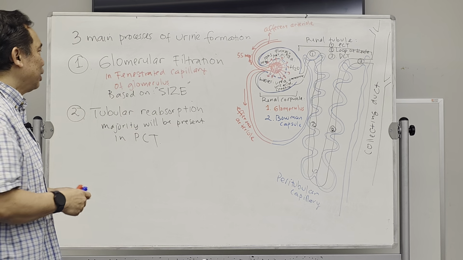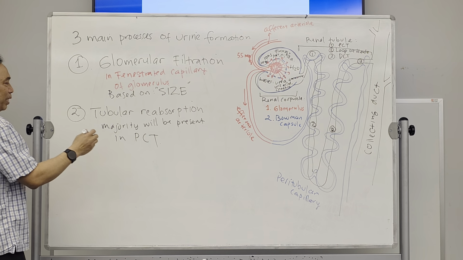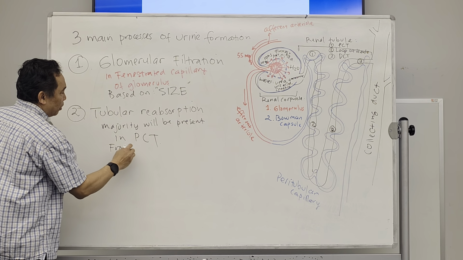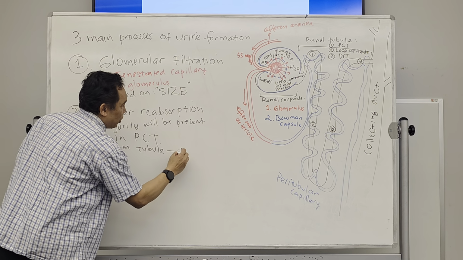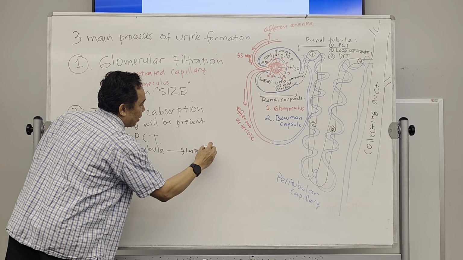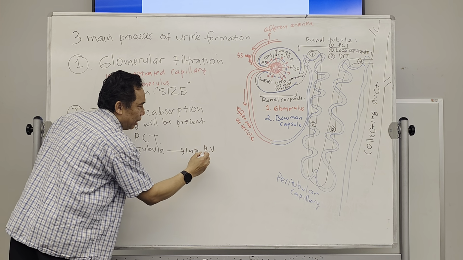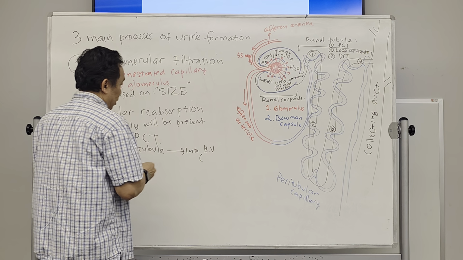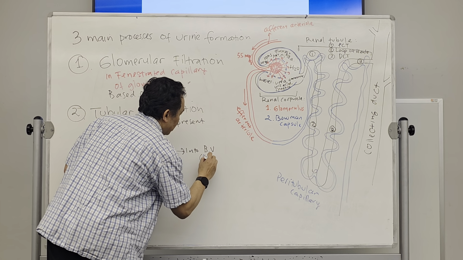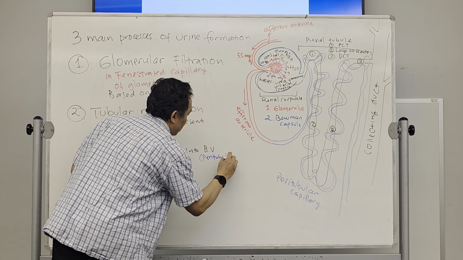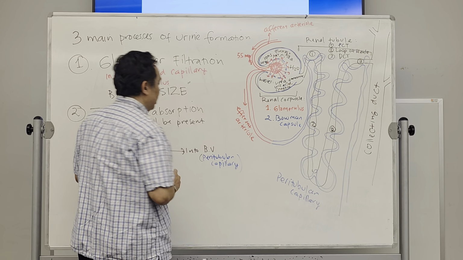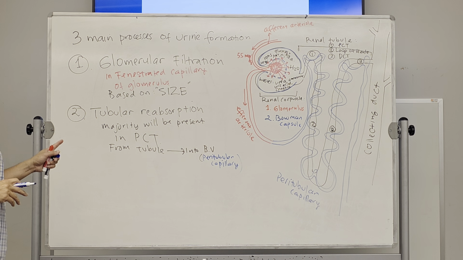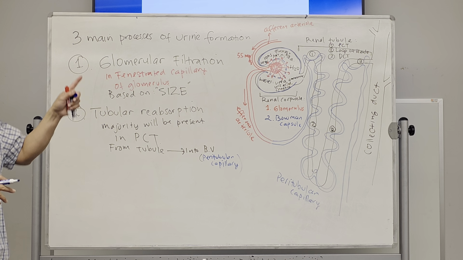So reabsorption will be happening from the tubule, in this case the PCT, into the blood vessel, in this case the peritubular capillary. So the reabsorption is coming from the tubule to the blood vessel.